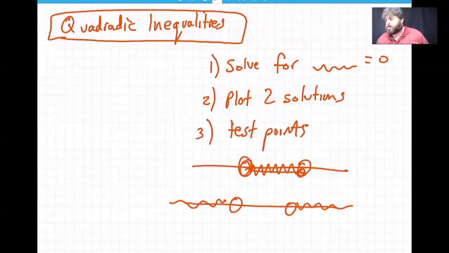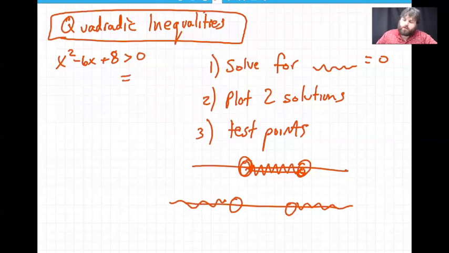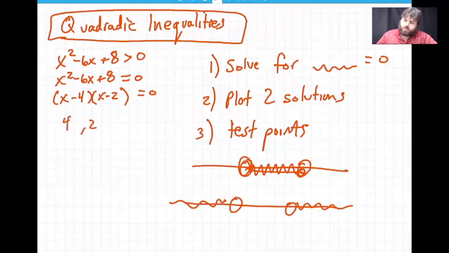It's pretty straightforward. So let's work an example here. X squared minus 6x plus 8 is greater than 0. Okay, so remember, solve it with an equal sign first. This is going to find these endpoints. Okay, so remember the way we solve quadratics, one way is by factoring. So we say, okay, -4 and -2, that means 4 and 2 are the numbers that work.